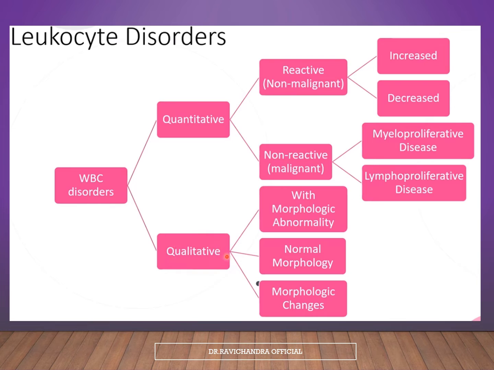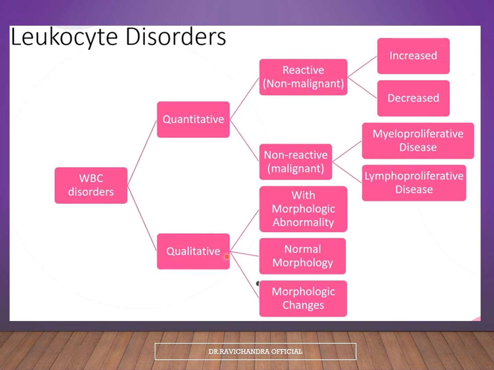Next, leukocyte disorders. The WBC disorders are broadly classified into quantitative and qualitative. The quantitative are again subclassified into malignant and non-malignant. Non-reactive are called malignant and reactive are called non-malignant. In the reactive non-malignant, there will be increased or decreased counts.